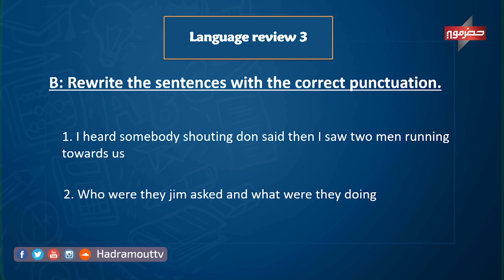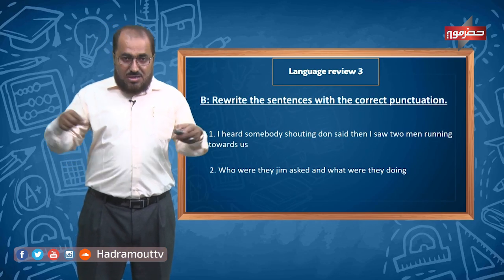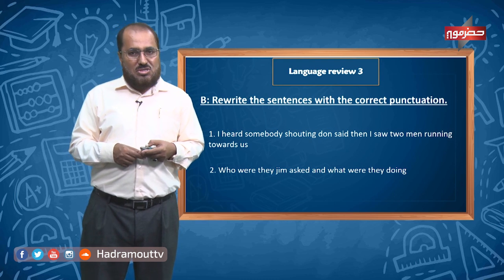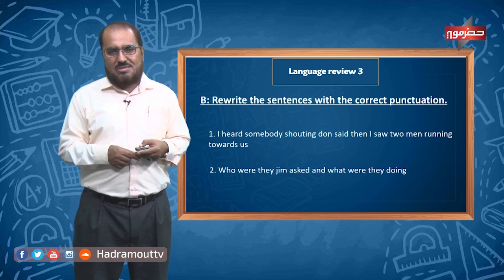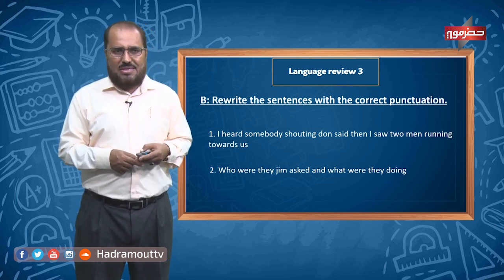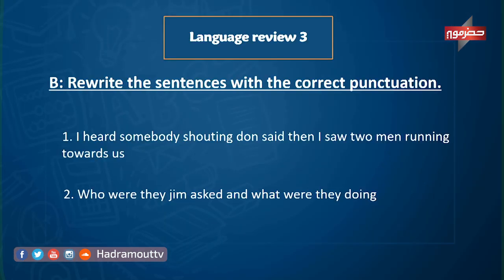Now, the last exercise, exercise B: rewrite these sentences with the correct punctuation. And you know what punctuation is? For example, a question mark or capital letter or full stop, comma, also speech marks or quotation marks. This is what I want. Number 1, look at the first statement in number 1 and try to punctuate it.